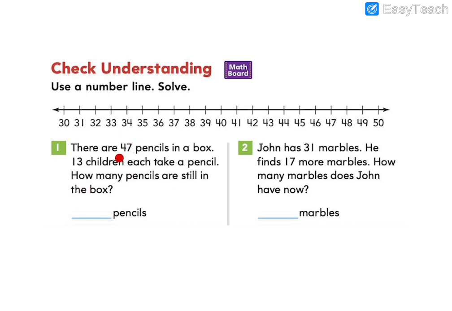So we started with 47, and then 13 children took a pencil each. Number 2 says, John has 31 marbles. He finds 17 more marbles. How many marbles does John have now? So he starts with 31, and then he finds another 17. So you'll find how many marbles he has now. Go ahead and solve.